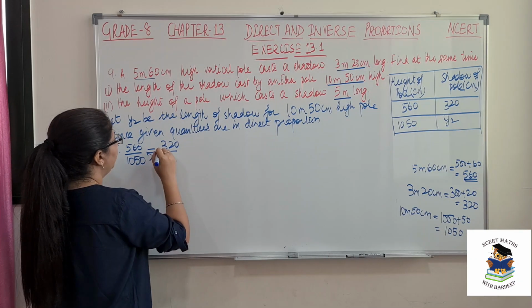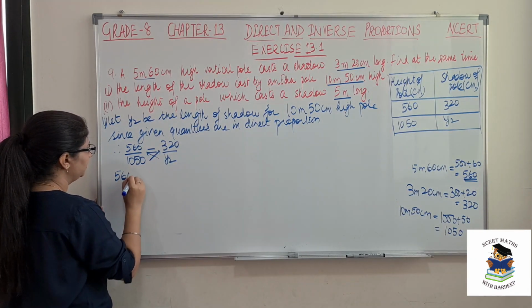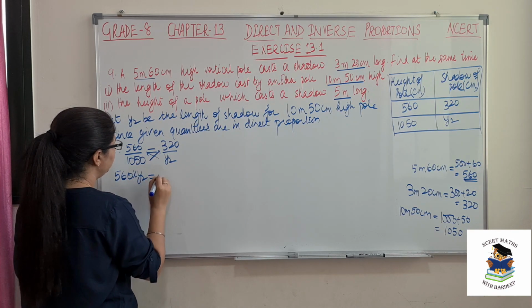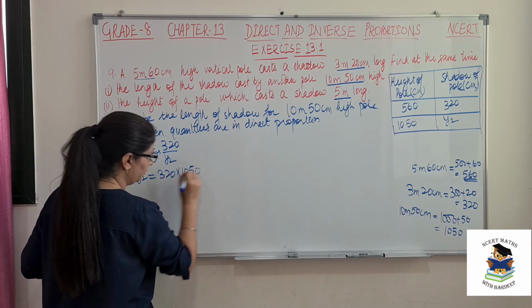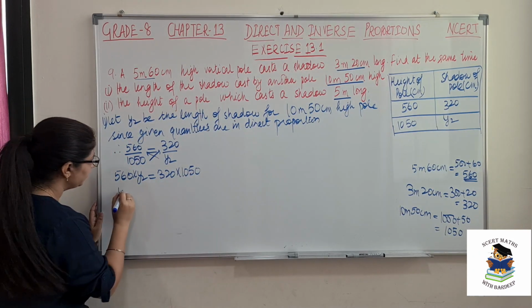So cross multiply them. So 560 into y2 is equal to 320 into 1050. So let's calculate this.